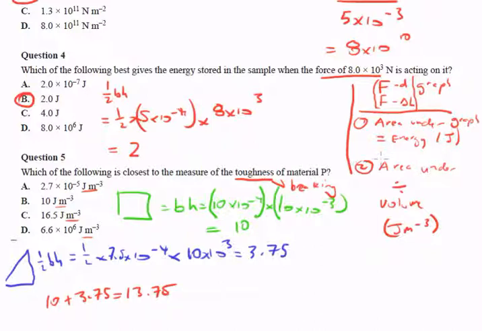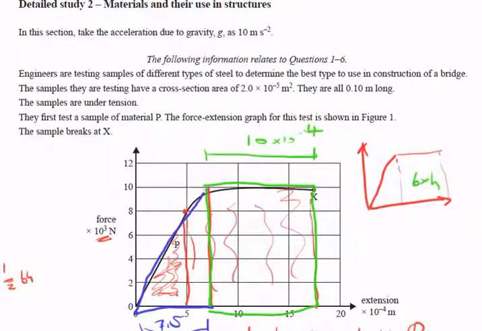I've done the area under the graph, and now I've got to divide it by the volume. So 13.75 divided by the volume, which is area times length: 2 by 10 to the minus 5 by 0.1.